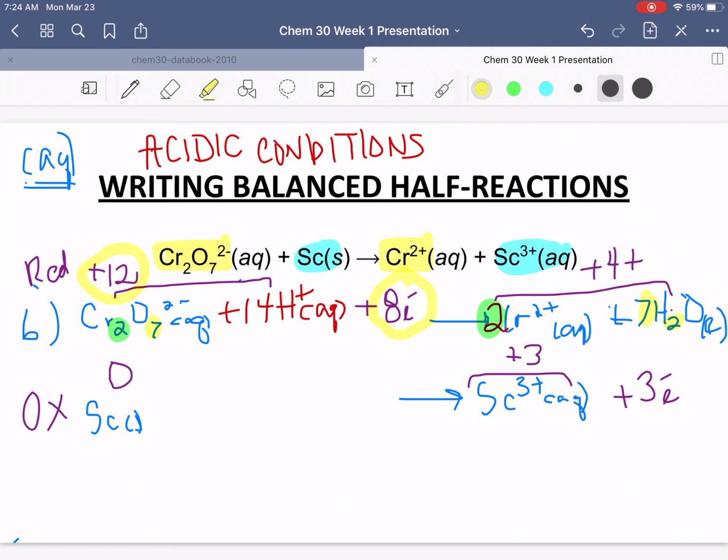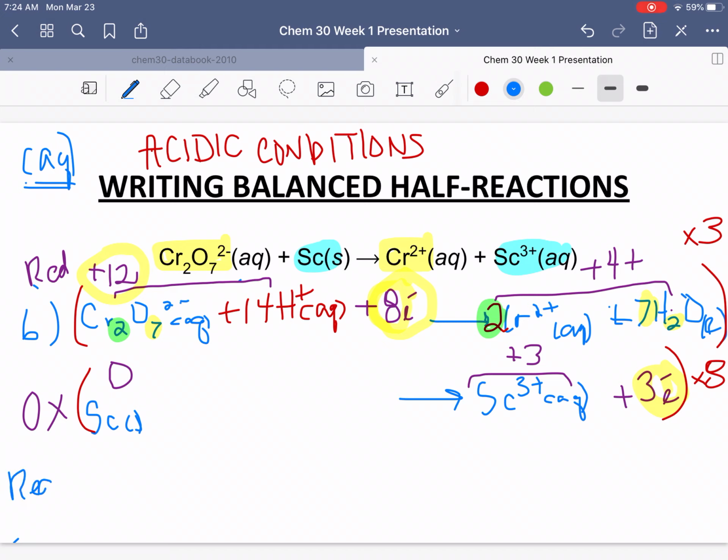The bottom one has 3 electrons, so here's our 8, and here's our 3. 3 electrons being produced. If this is going to work for those to balance out, we're going to have to find the lowest number that 8 and 3 both go into. Now, in this case, honestly, we're just going to have to multiply the top one by 3 and the bottom one by 8.